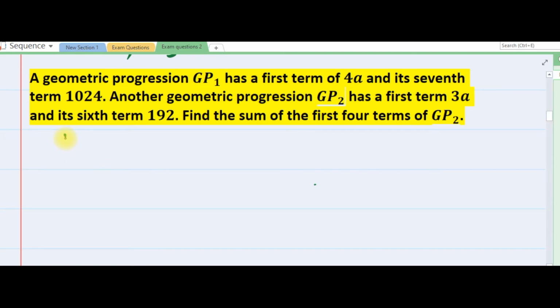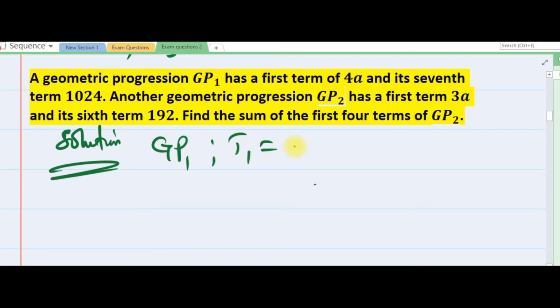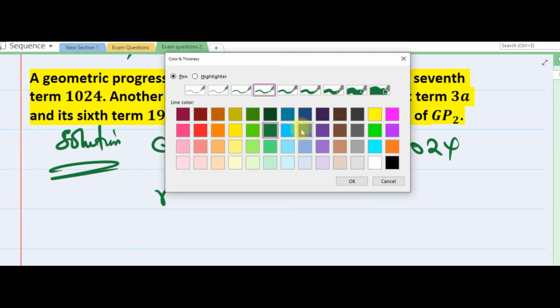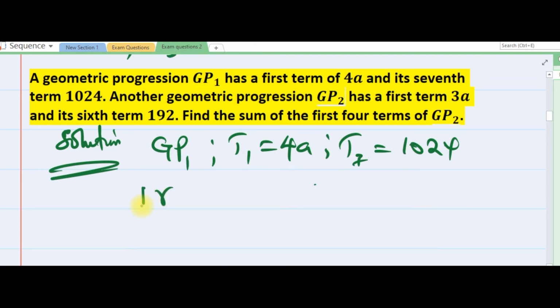So for GP1, the first term is 4a, the seventh term is 1024. But we know that the seventh term is always the first term, let me use T1 as the first term, times r raised to power 6 equals 1024.